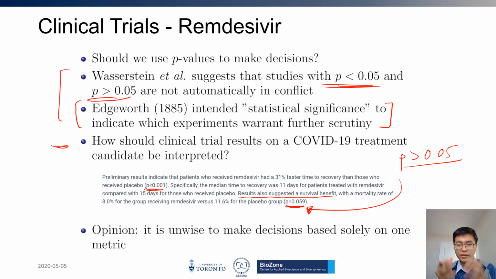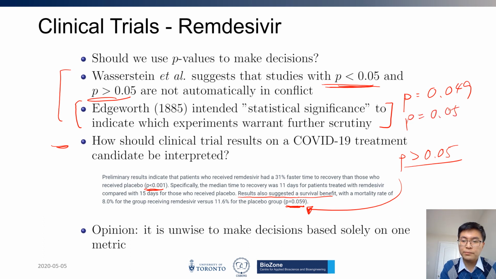And so this issue becomes even more relevant around the margins, right? What is the difference really between p equal to 0.049 versus p equal to 0.051, right? What is this cutoff? What is the difference?